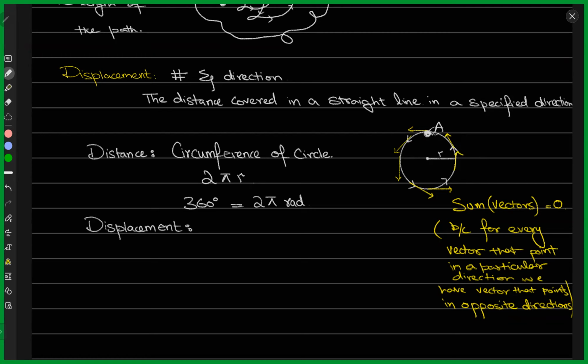Now, displacement is a vector quantity, which means I can represent displacement as a vector, which has a length and an arrowhead. The arrow points to the direction and the length tells you the magnitude, how much displacement there was.